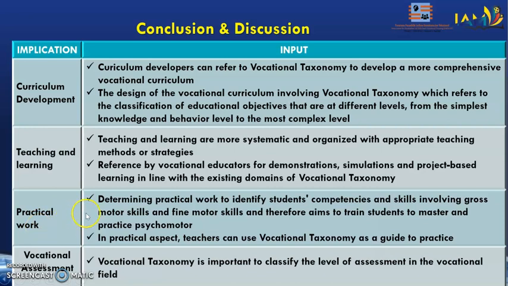Practical work: determining practical work to identify students' competencies and skills involving gross motor skills and fine motor skills, and therefore aiming to train students to master and practice psychomotor skills. In practical aspects, teachers can use the vocational taxonomy as a guide to practice. And vocational assessment: the vocational taxonomy is important to classify the level of assessment in the vocational field.